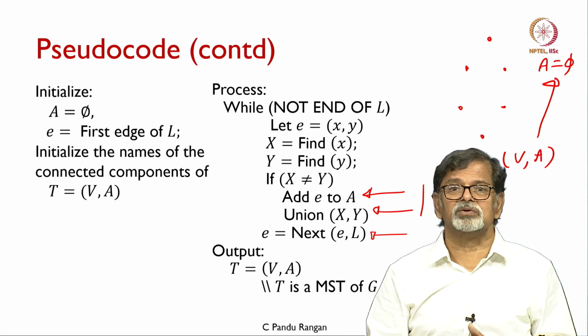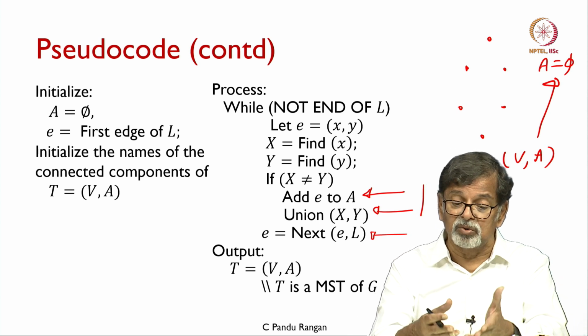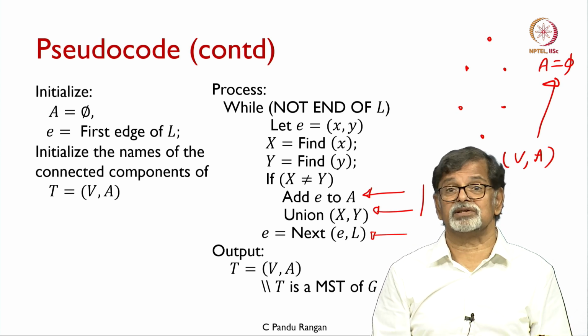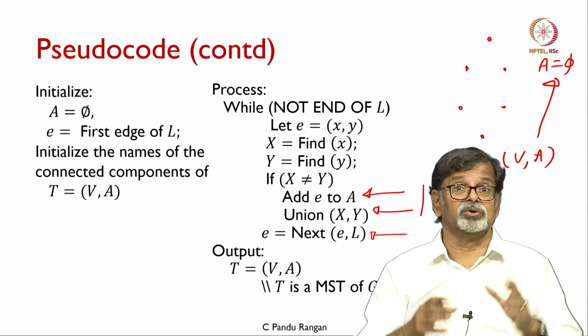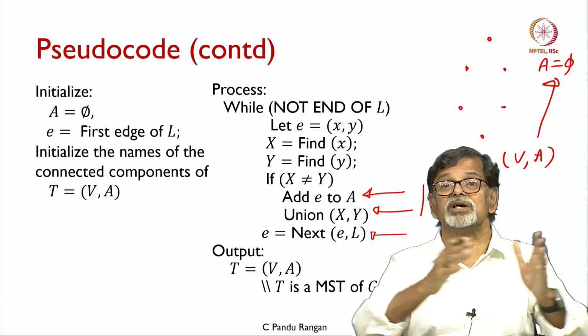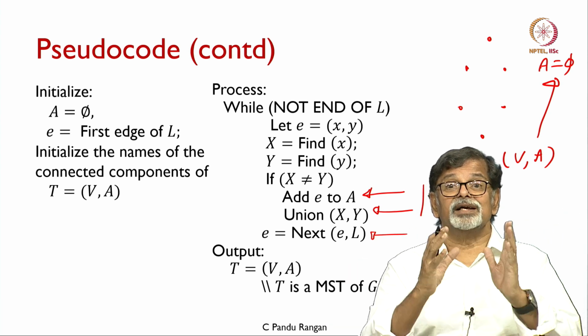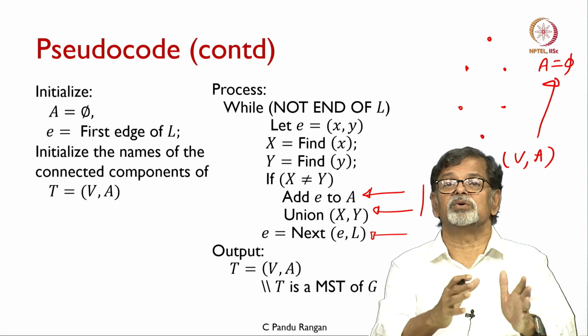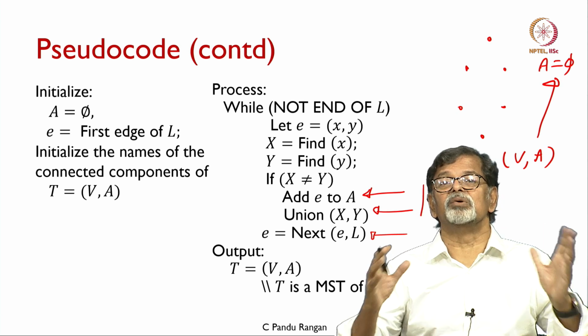So what remains to be shown is how to implement the find function and the union procedure. You have a set of edges and they induce connected components. The information and processing related to the connected components are to be done. How are we going to do that?